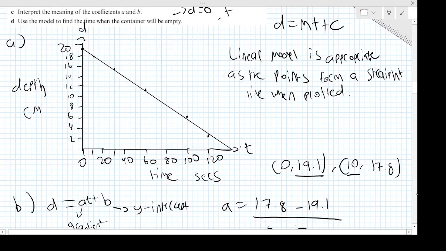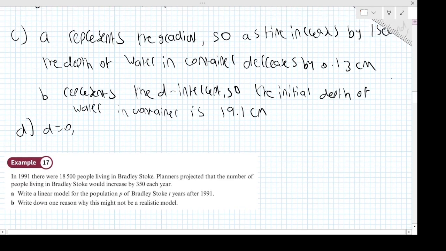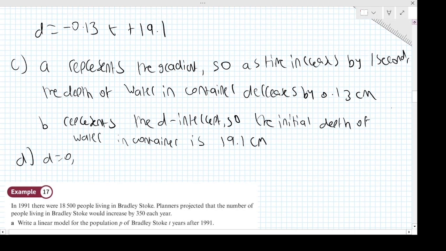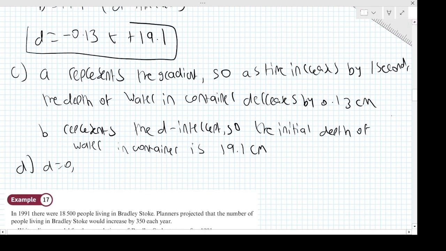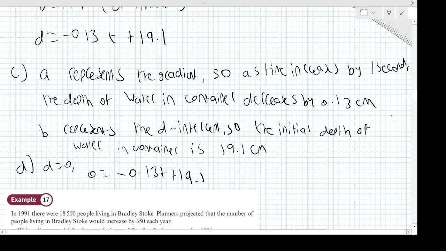So we're going to sub d equals 0 into our equation, which we worked out in part B, up here. So 0 is equal to minus 0.13t plus 19.1. Well, then that's just an equation to solve for t.